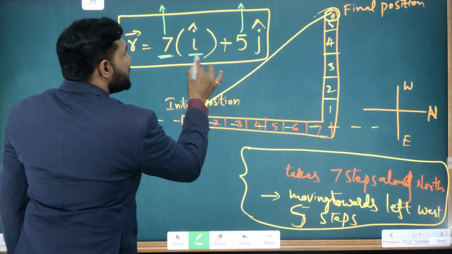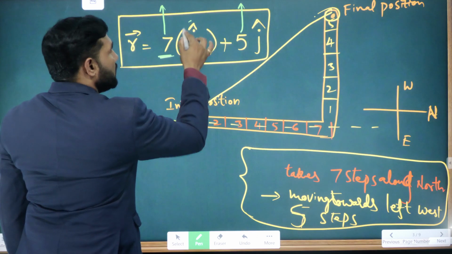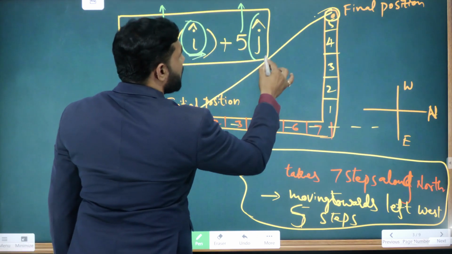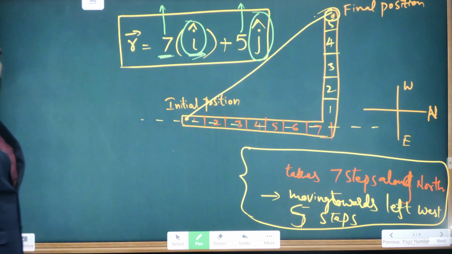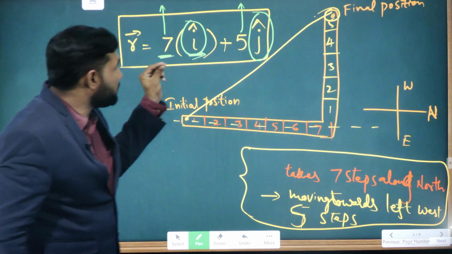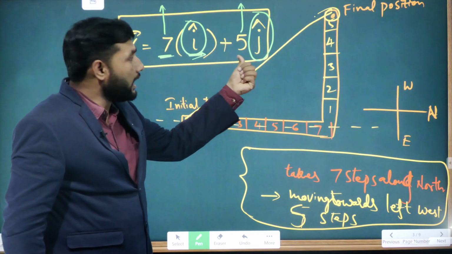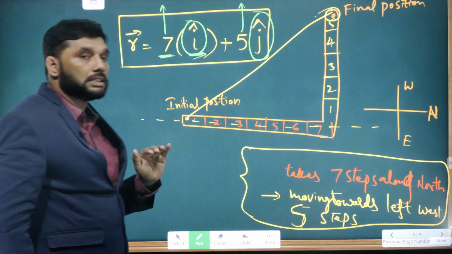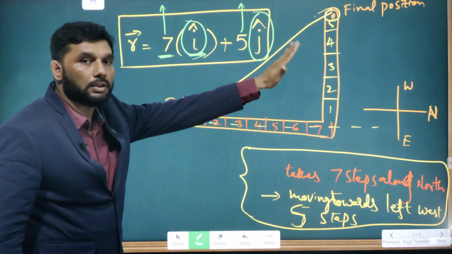To say it is along the x-axis, I use the unit vector i cap. Similarly, the unit vector along the y-axis is j cap. Therefore, the position vector will be 7 i cap plus 5 j cap. That is the overall position vector to reach from the initial to the final position.